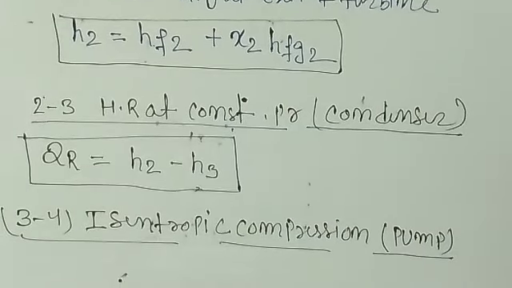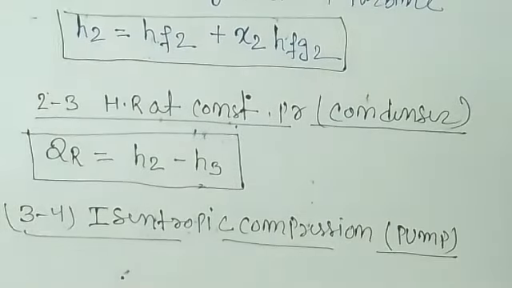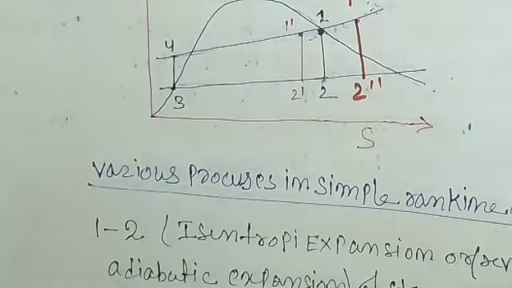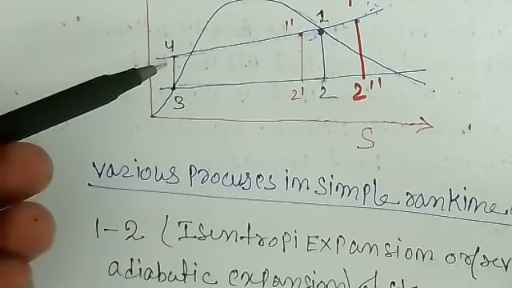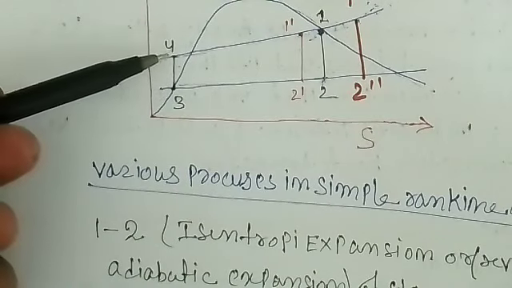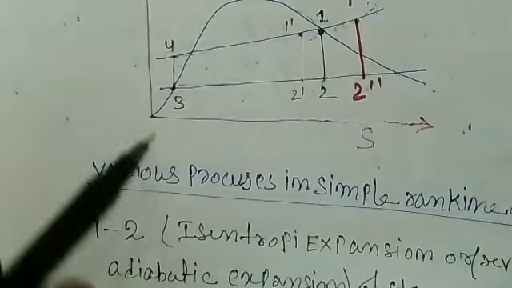So pump work we have to see. Actually pump is not producing the work, we are supplying the work, means we are giving the work to the pump, right? So the pump work is negative actually. Why? Because work done in compression is negative, you know, in basics of thermodynamics.